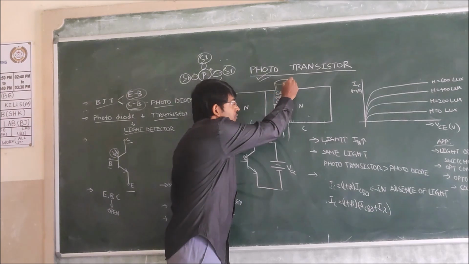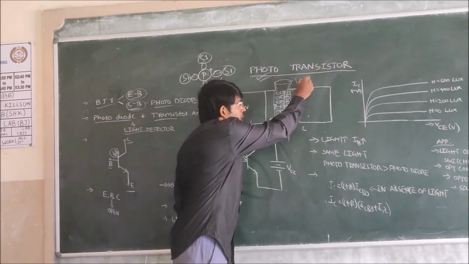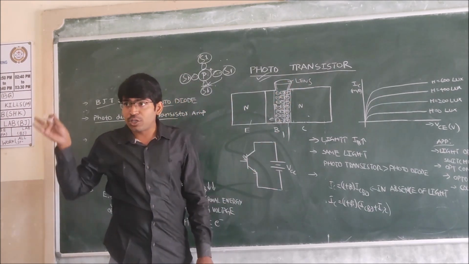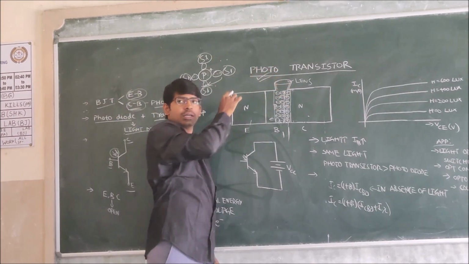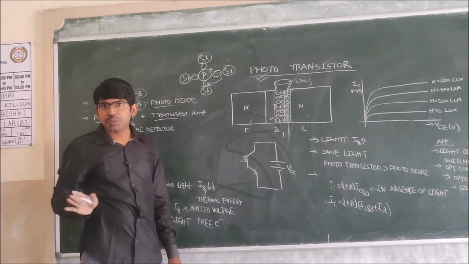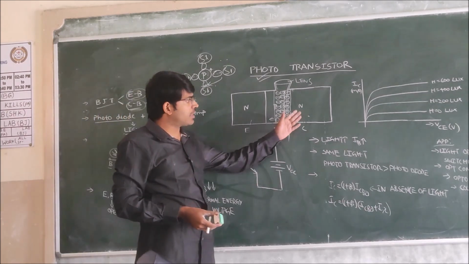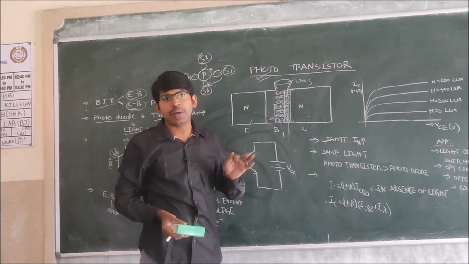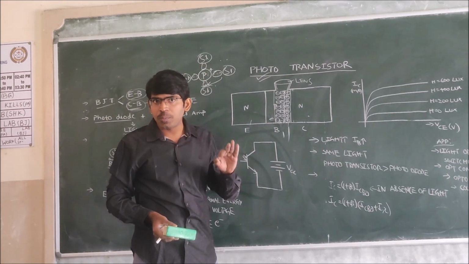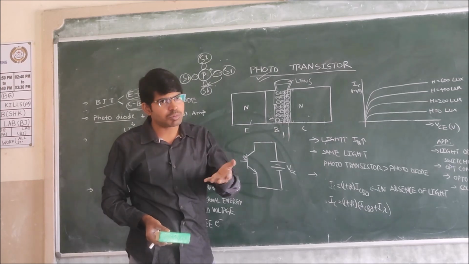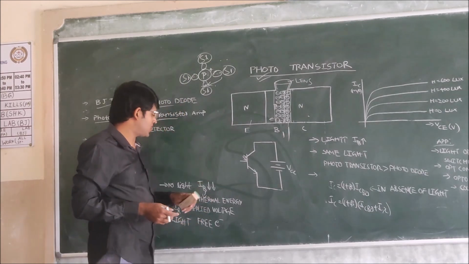That's why we are even giving the lens to it. It is the lens. The light should be focused. The focused light is falling on the depletion region. We are not expecting the light to fall on the remaining region. That's why we cover the remaining region in such a way that the remaining region should not be exposed to the light. These concepts we have already discussed in the photodiode.